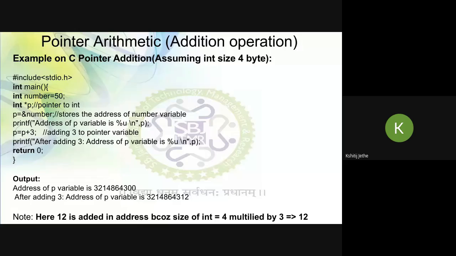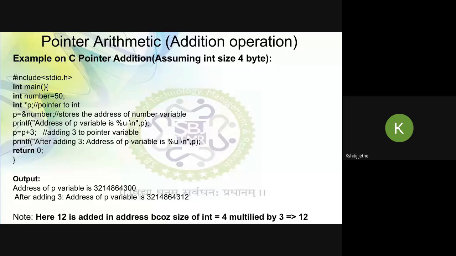And p is the initial address. So the new address is equal to the initial address plus the number which we are adding into the data type size. Here we have assumed that the data type size for integer is 4 bytes. So p equal to p plus 3 into 4.